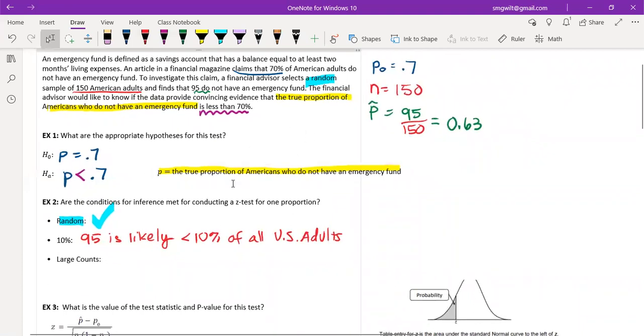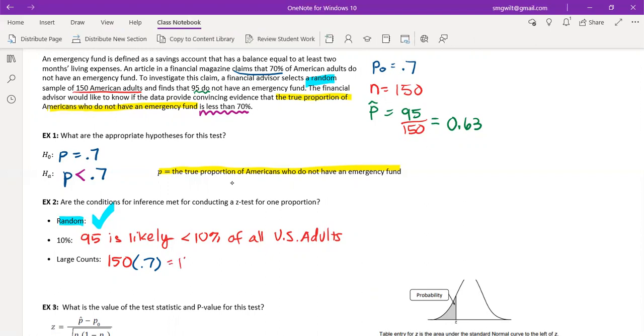So for large counts, I have to check n times p naught. So n is 150, p naught is 0.7, and that gives me a value of 105. So that one's good.